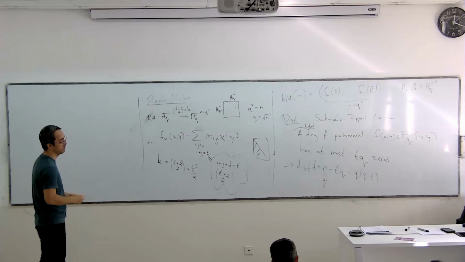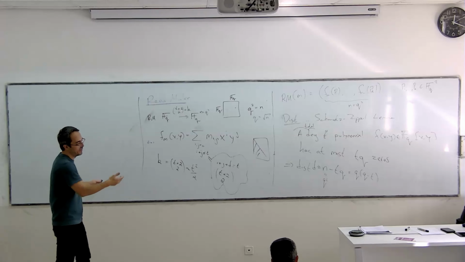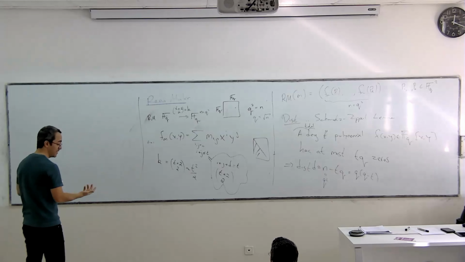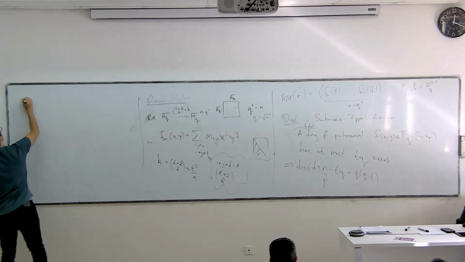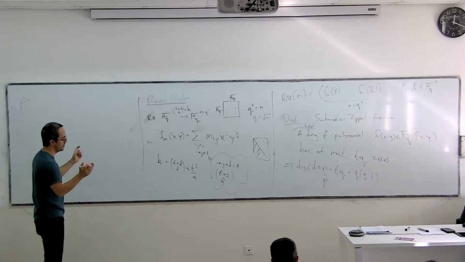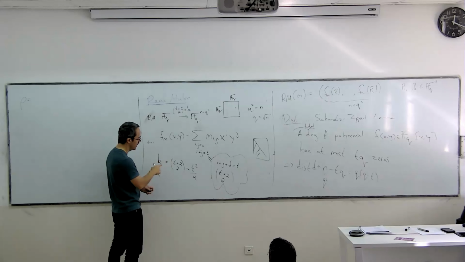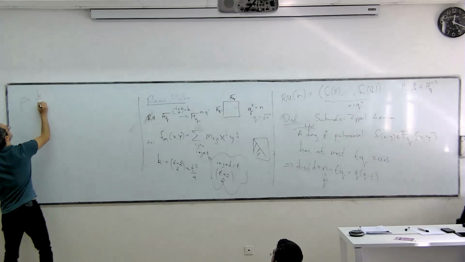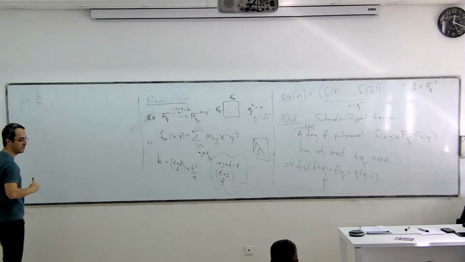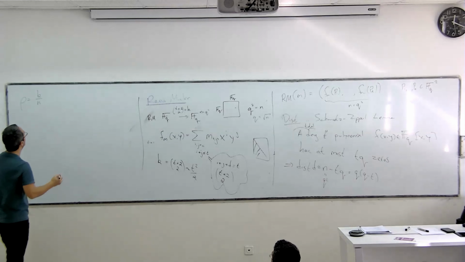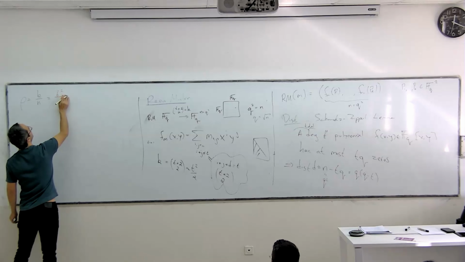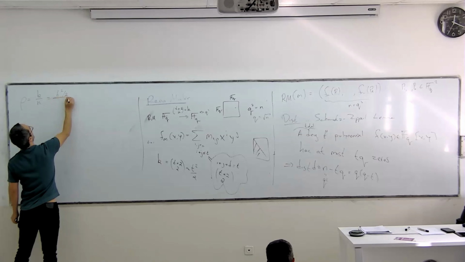But we care about the rate and distance, so let's look at the rate first. The rate is K over N. In our case K is T squared over 2, and N is Q squared.